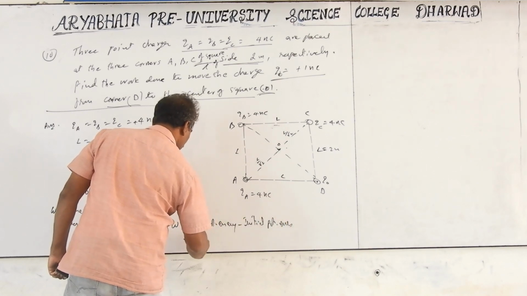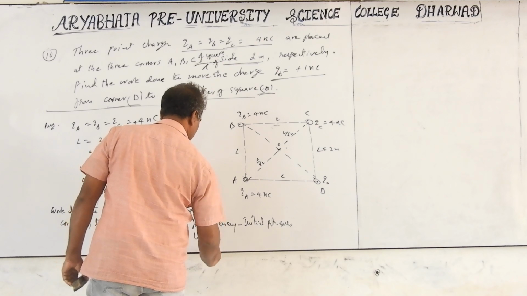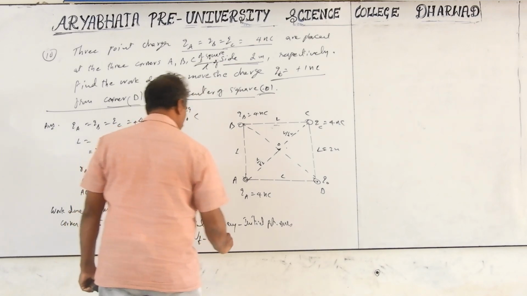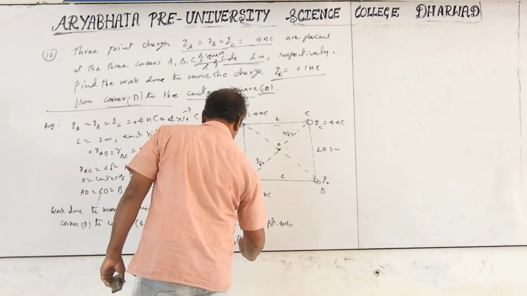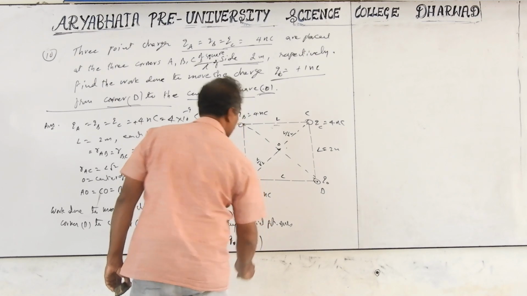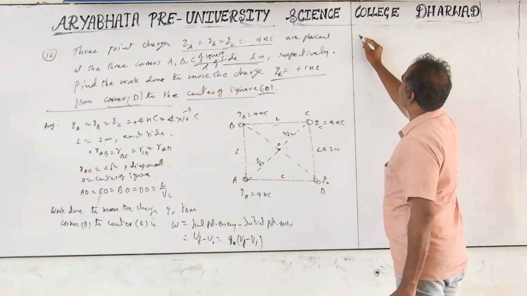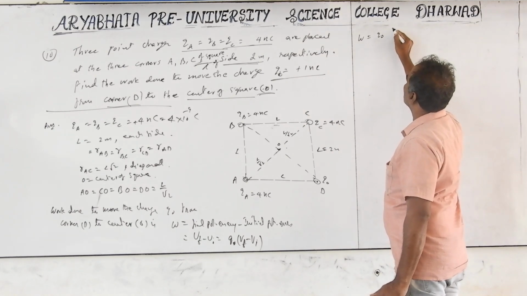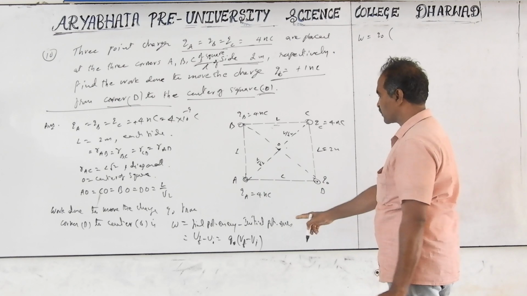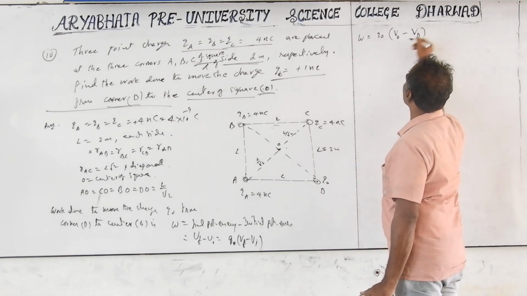It is nothing but U final minus U initial. Potential energy is equal to the charge you are moving times the potential. So work done is equal to the charge you are moving, Q0, into the final potential at O, VO, minus VD.